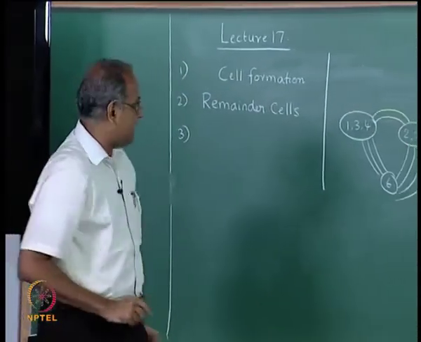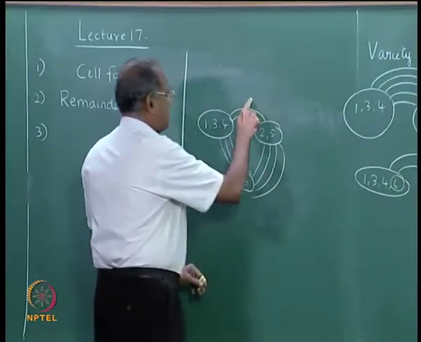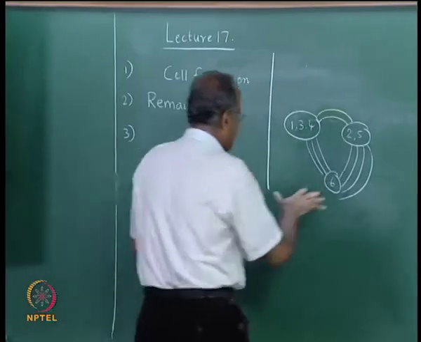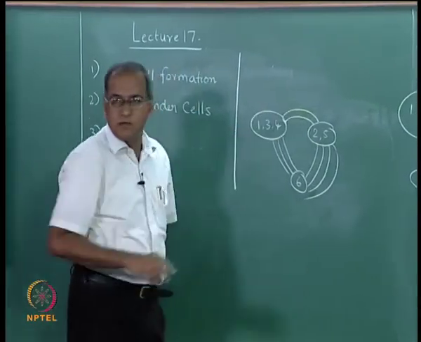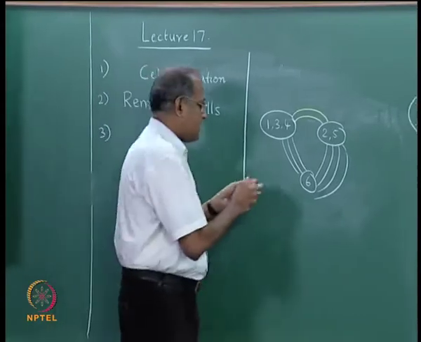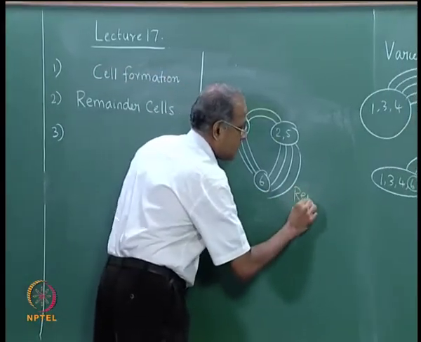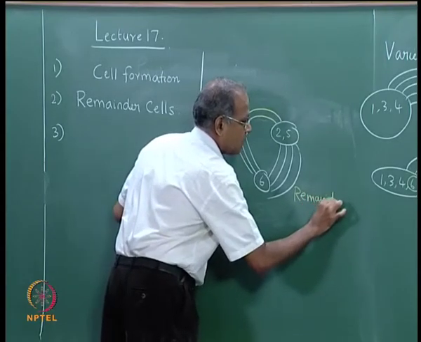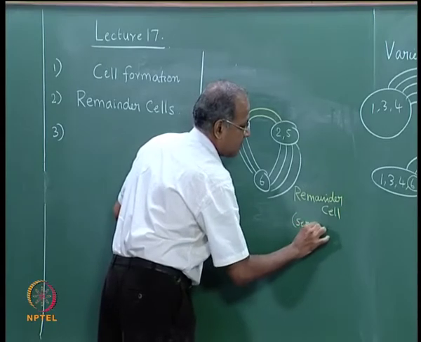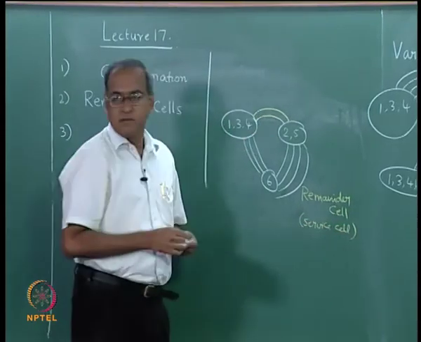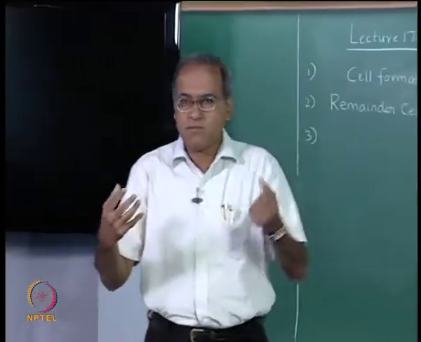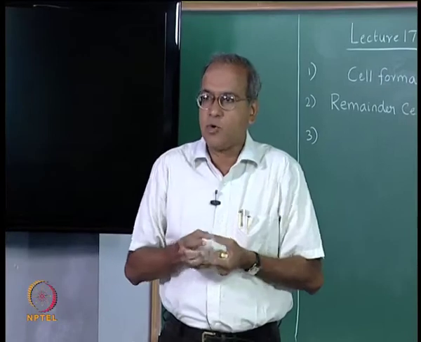Now one way of looking at it is, now I have 3 plus 4, 7 plus 2, 9 intercell moves. The other way to say it is that if I am not counting these, I have only 2 intercell moves and I have not added a machine. Now I call this a remainder cell or some kind of a service cell, where there are only 2 cells, parts can move from the cells to the service cell and go back.